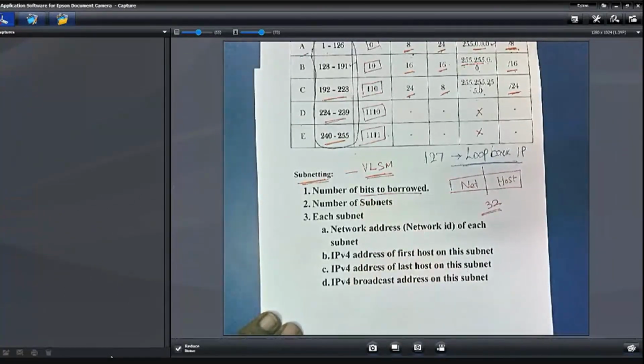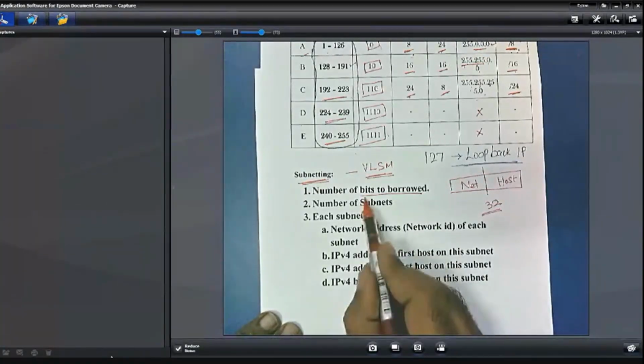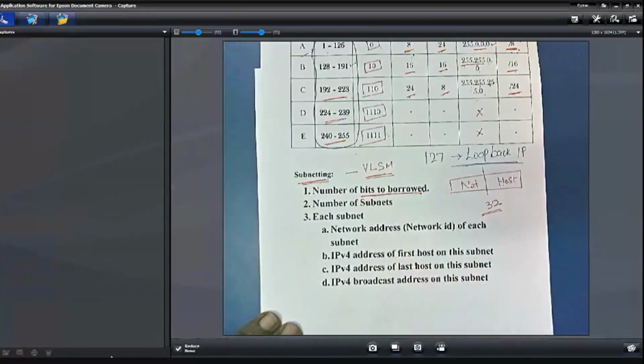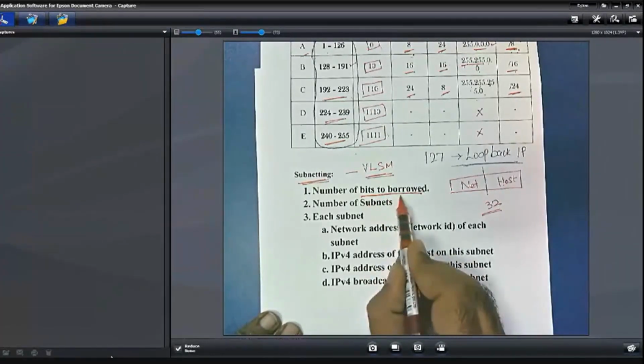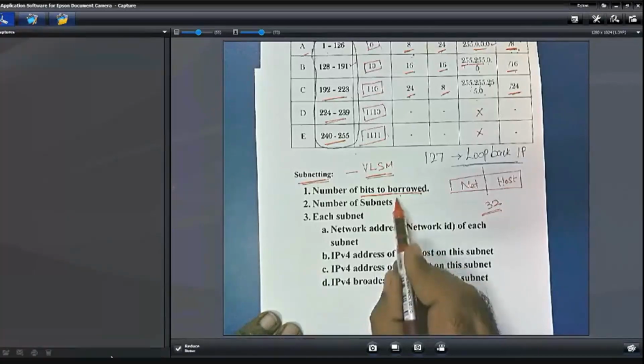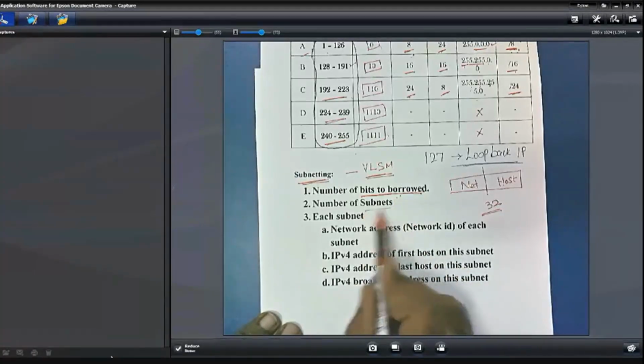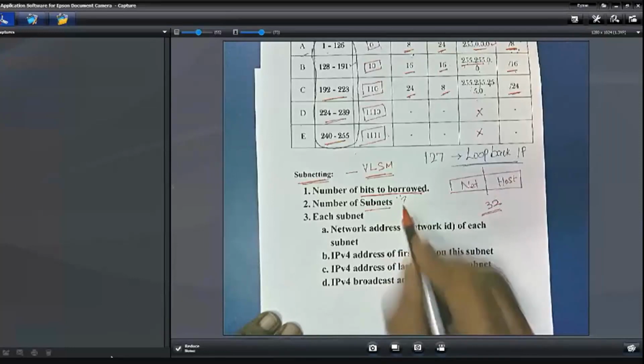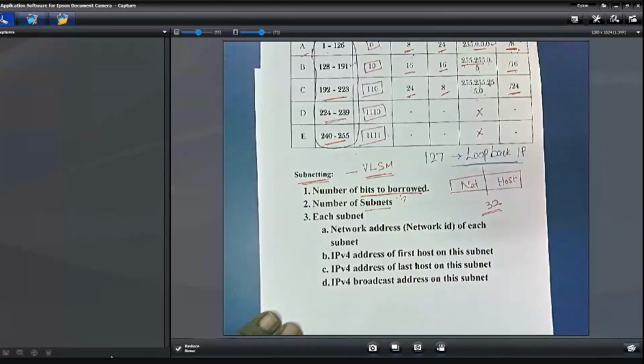I'm going to solve one example today. You can see the bits to be borrowed. How many bits to be borrowed? You have to find it very clearly. That is very important. Then, how can you fix the number of bits to be borrowed? You can fix this based on the subnets. How many subnets do you need? Based on that, you can find.